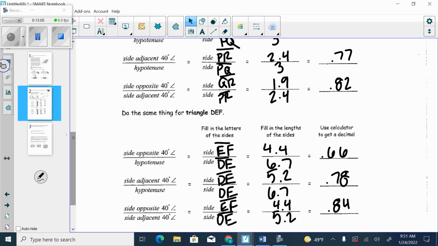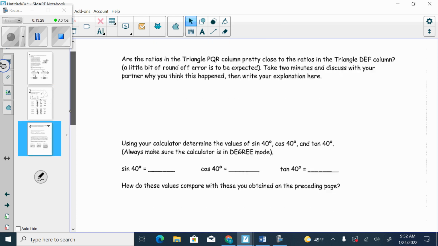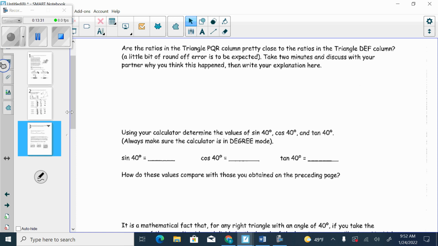All right, so whenever we flip it over onto the next page, they ask, are the ratios for the triangle PQR column pretty close to what we got for our ratios in DEF? Yeah, they're very close. Obviously, there was room for error in measurement, so we do say that they are pretty close. What would that mean about these two triangles? They are similar triangles.